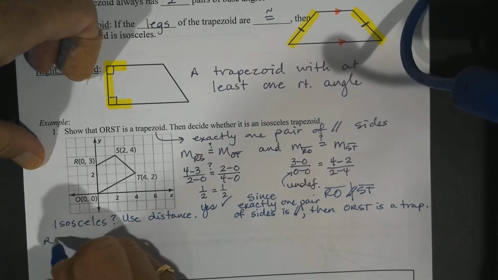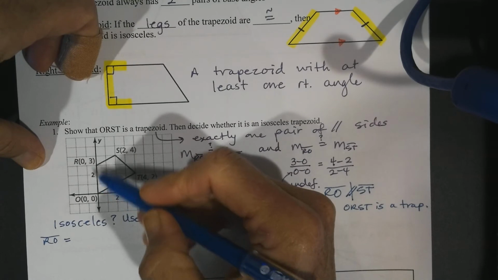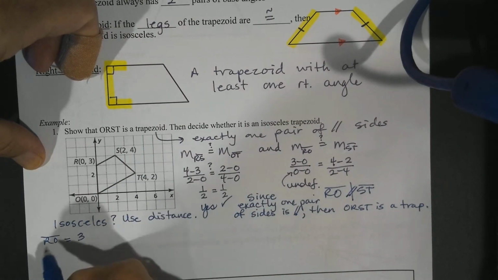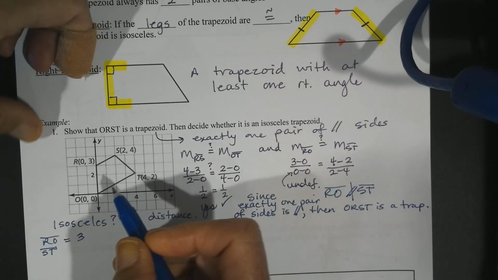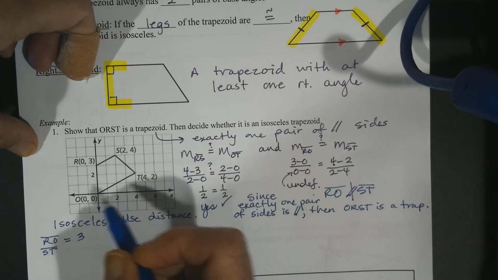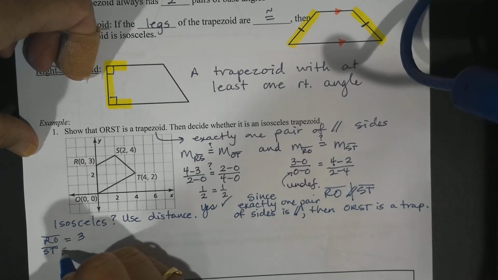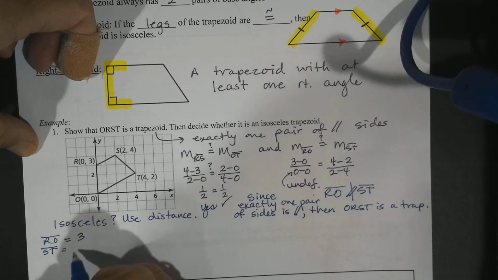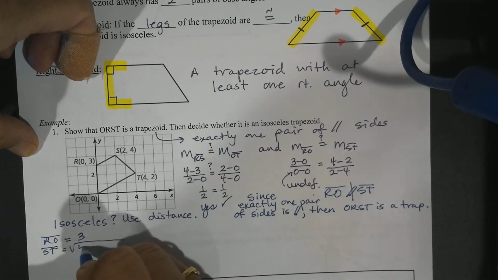So to find RO, you can clearly see that the distance is 3, because it's straight up and down and it's not slanted. But ST, the distance will be 4 minus 2 squared.